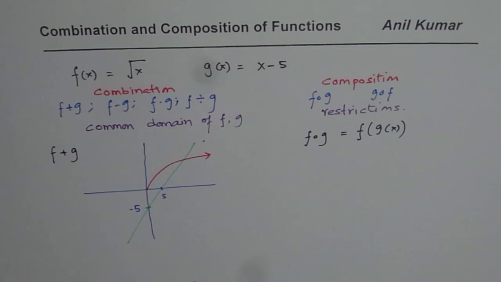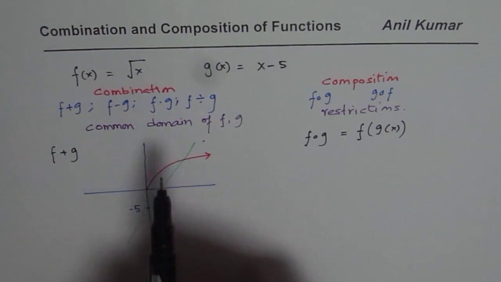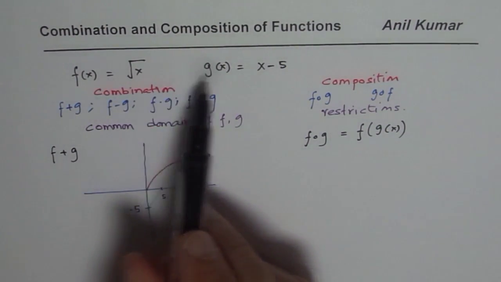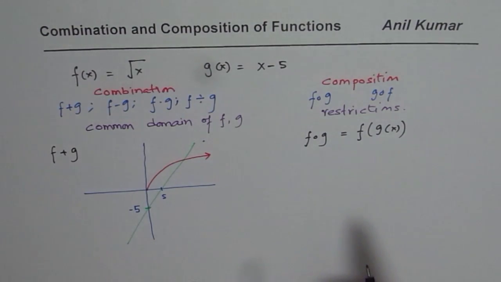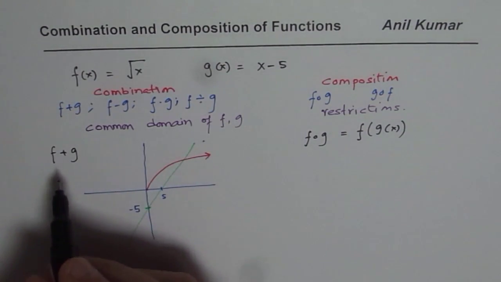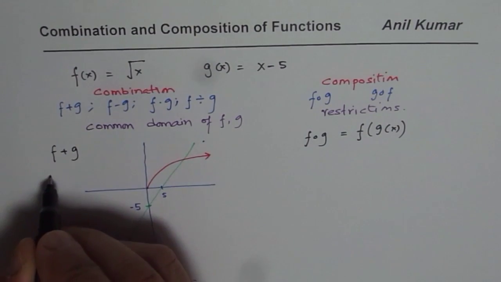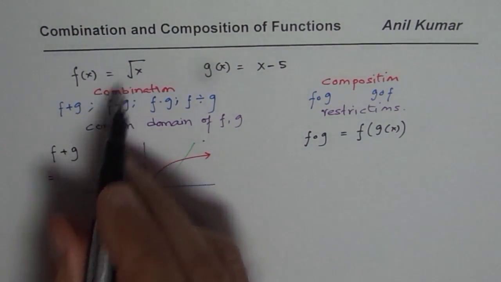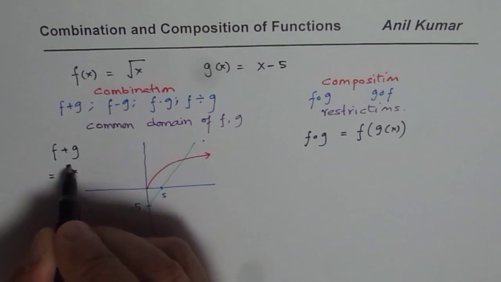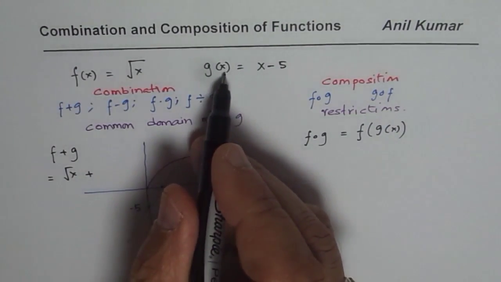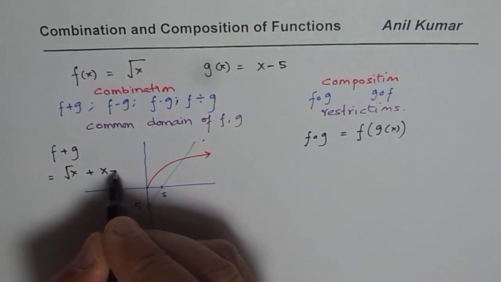Now when we say combination of f and g, what does it really mean? It means that we can combine these two, add them up, simple addition, correct? So we'll write f plus g equals square root of x plus x minus 5.